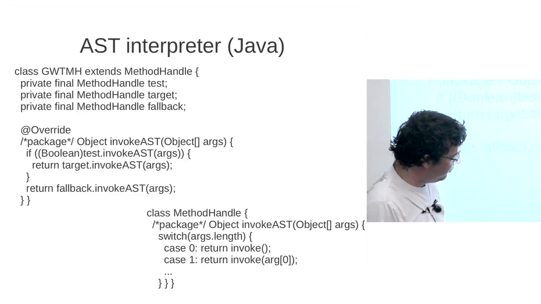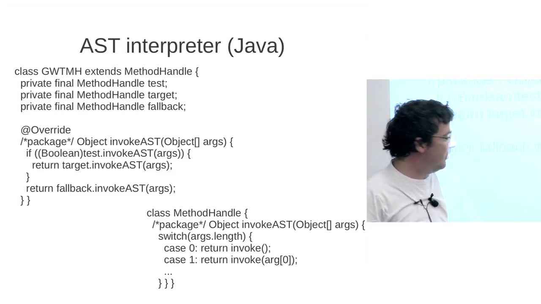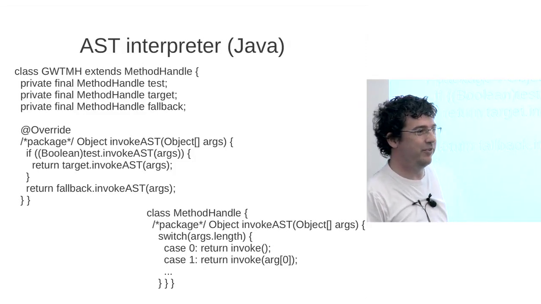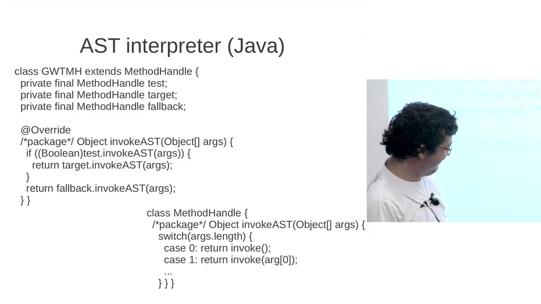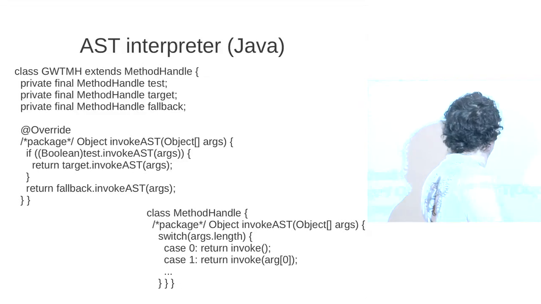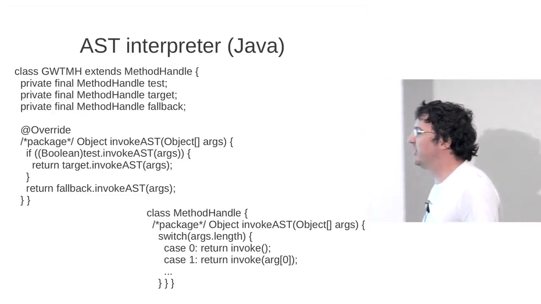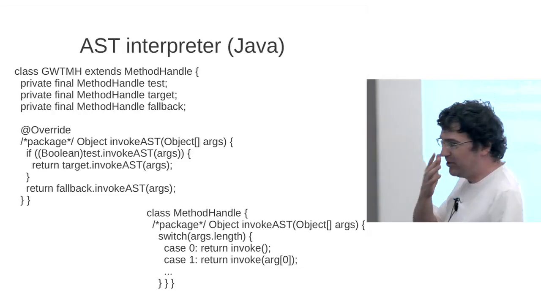Hopefully in Java there are only 250 possible arguments. And we rely on invoke, which is implemented in C in the interpreter.